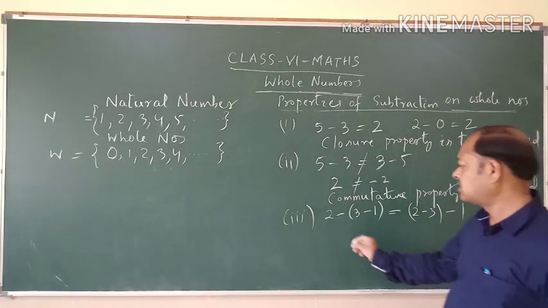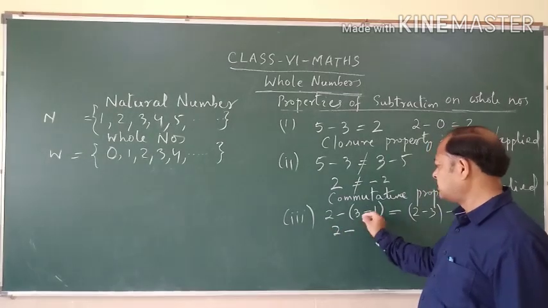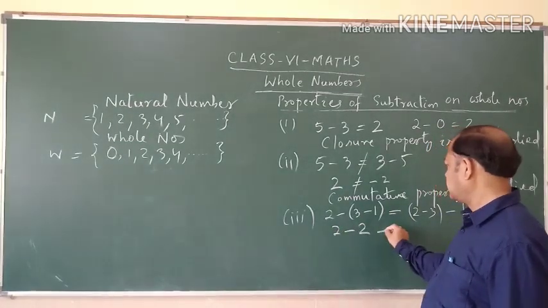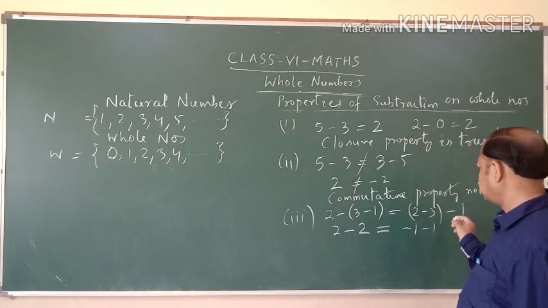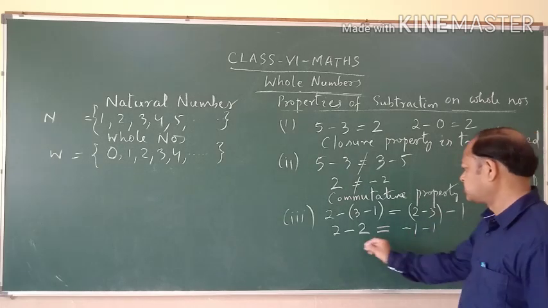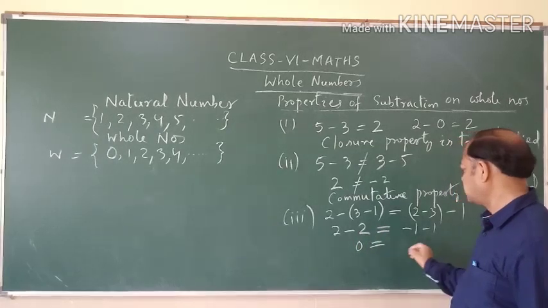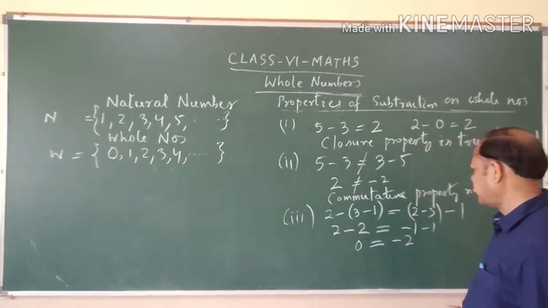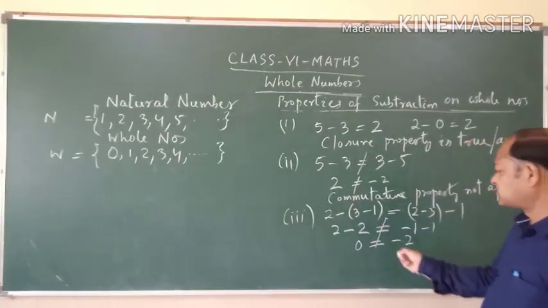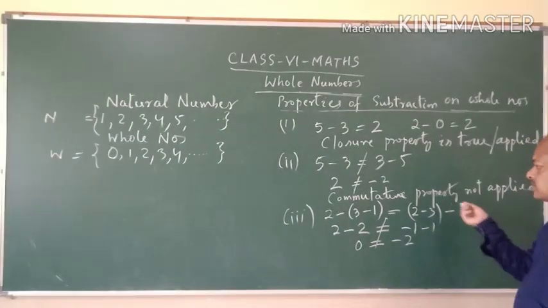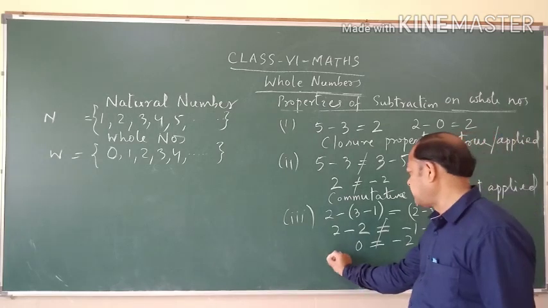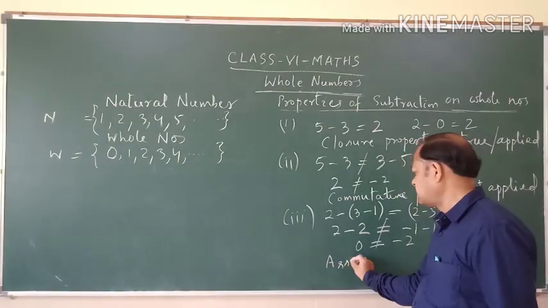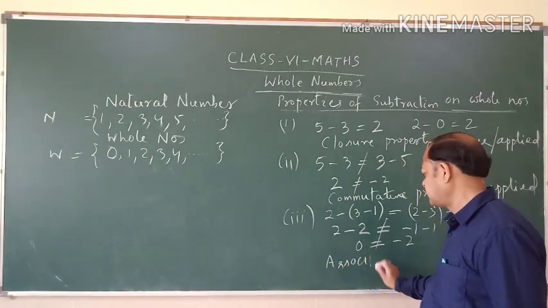Let's see if it is working or not. 2 minus 3 is minus 1, and minus 1 minus 1, the answer will be minus 2. On the other side, 2 minus 2 is 0. So 0 is not equal to minus 2, so this is false and not applied.